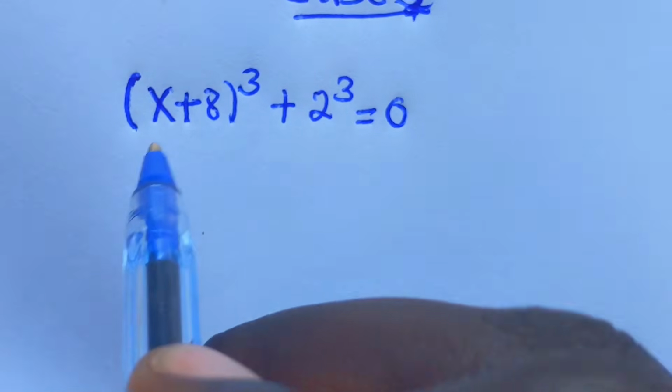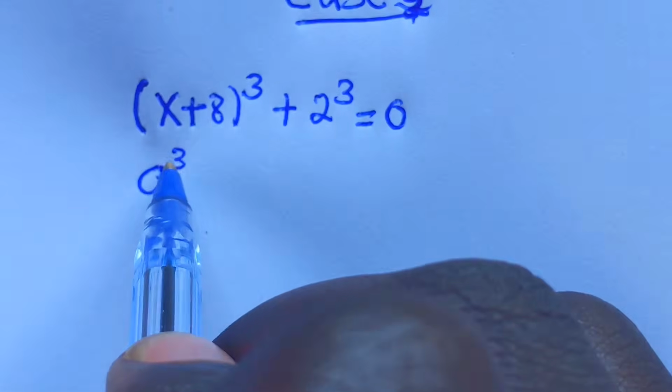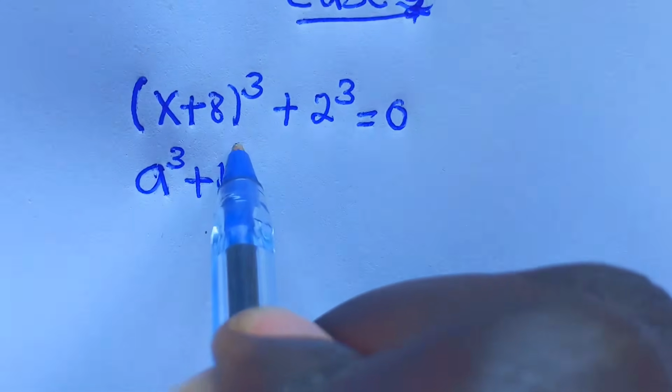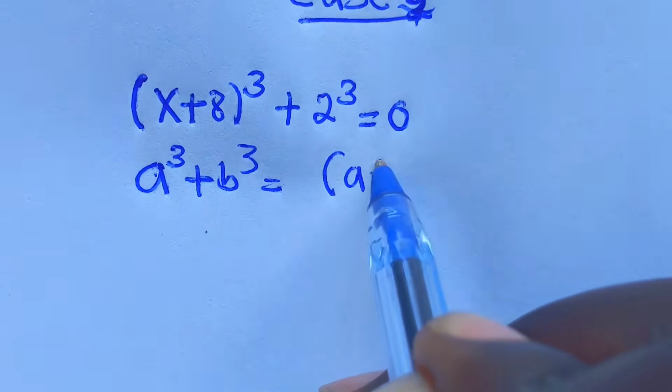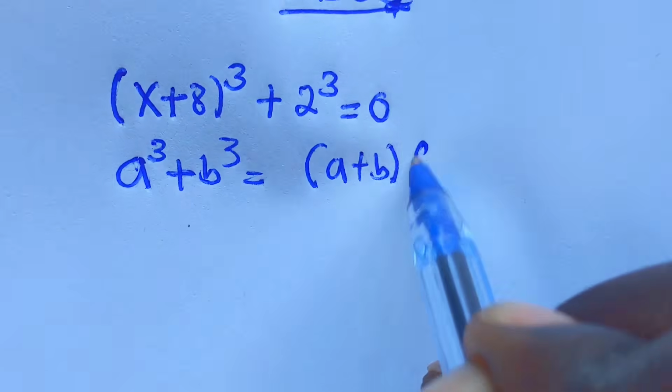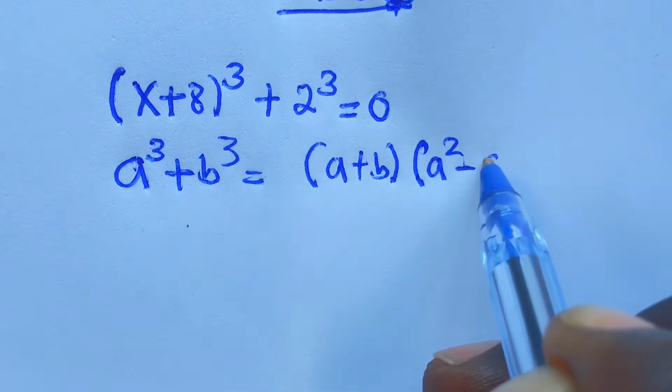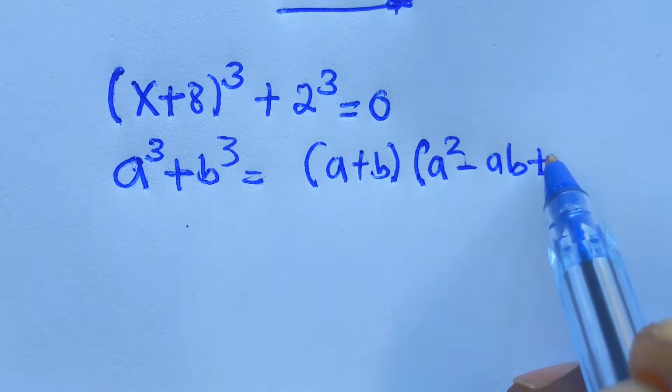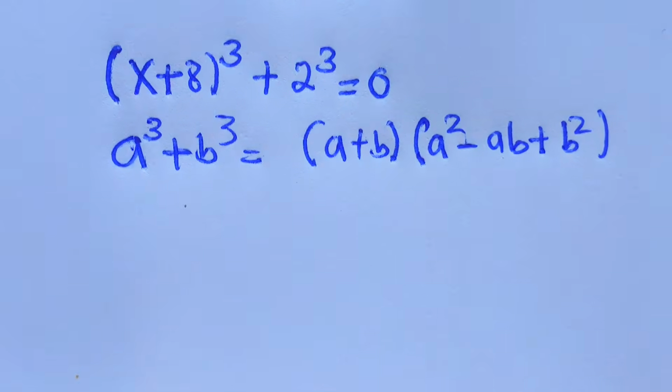This is case 2, which looks like a^3 + b^3 = (a + b)(a^2 - ab + b^2).